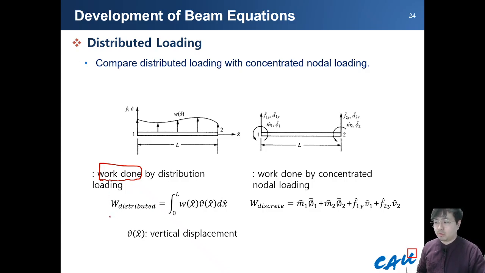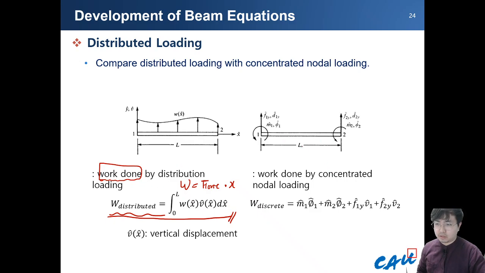The distributed force per unit length is a force when you multiply by the unit length, and then the movement in the y direction, which is the displacement, gives the same unit as work. And then we integrate from 0 to L. This is the work done by the distributed load.